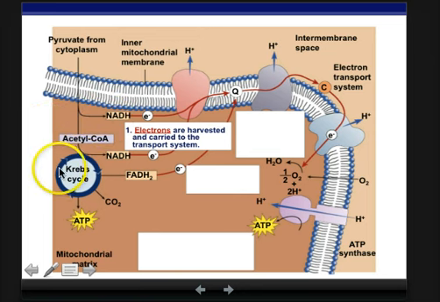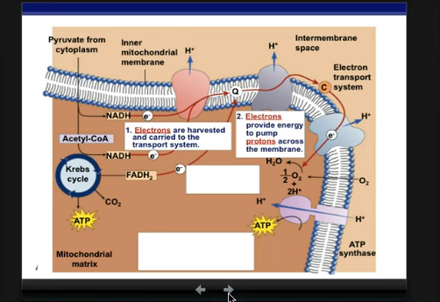Okay, then we go through the Krebs cycle where we get 1 ATP, some more CO2, some NADH and FADH2. All right, and then so all these electron carriers, the electrons are harvested and carried to the transport system. Okay, because remember the Krebs cycle takes place in the matrix, and the electron transport chain is in the membrane.